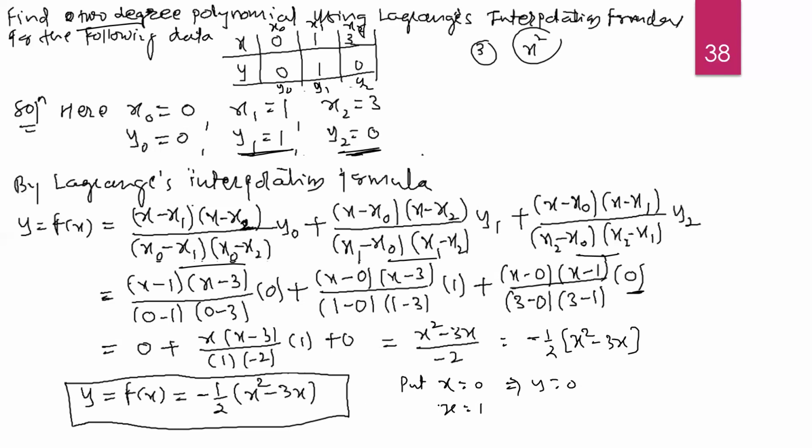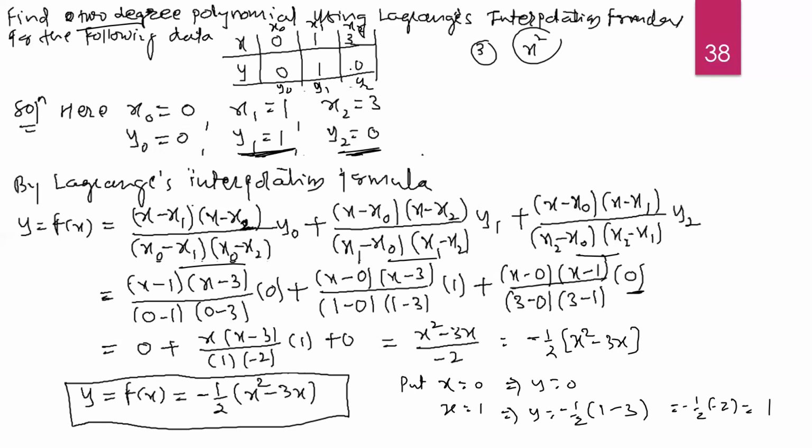What do we get? Y is equal to minus 1 by 2 times, 1 square is 1, minus 3 into 1 is 3, so 1 minus 3 is minus 2. Minus 1 by 2 into minus 2, so we get plus 1. We get the 1.